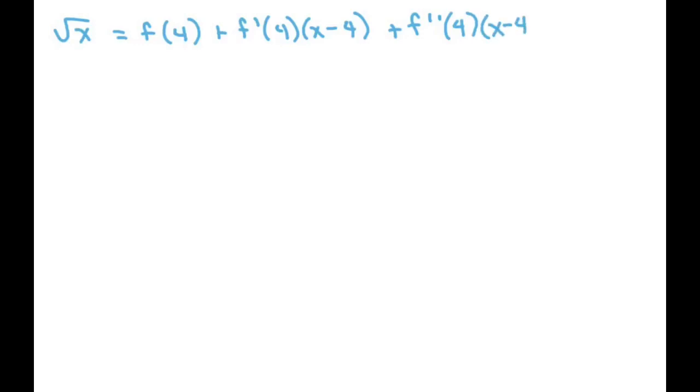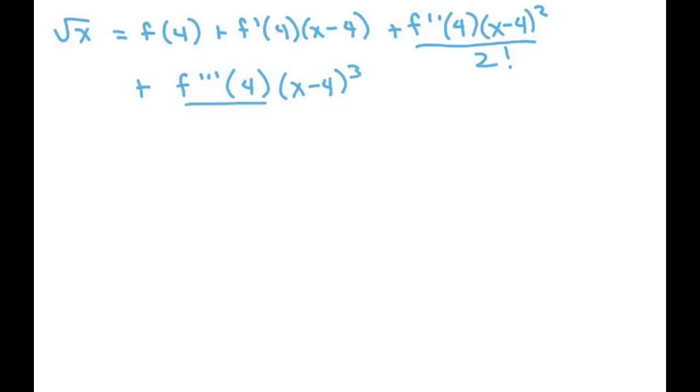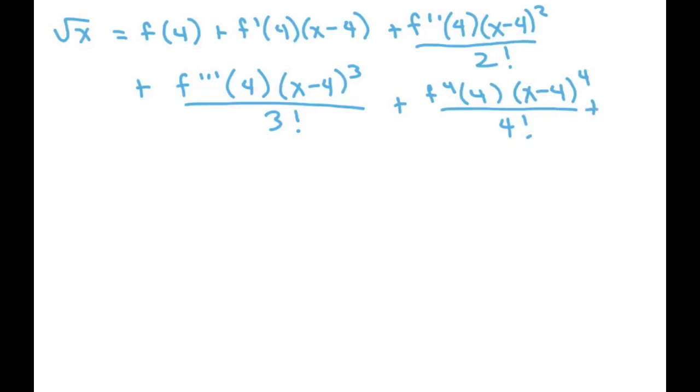We have square root of x equals f of 4 plus the derivative of f at 4 times x minus 4 plus the second derivative at 4 times x minus 4 squared over 2 factorial plus the third derivative at 4 times x minus 4 cubed over 3 factorial plus the fourth derivative at 4 times x minus 4 to the 4th over 4 factorial and plus dot dot dot.